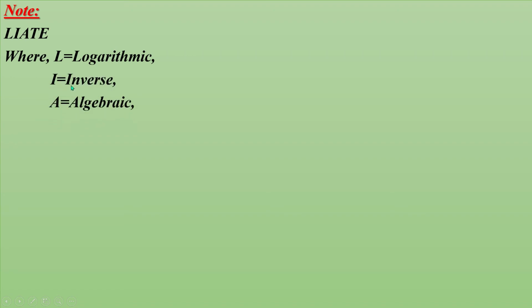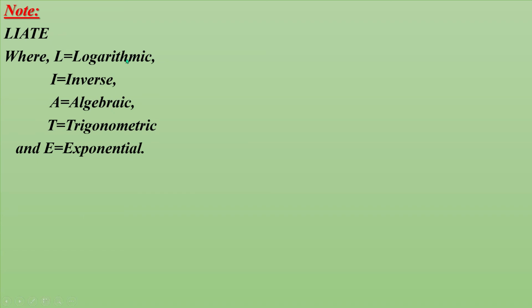Note, for ease of calculation, we have to remember this word: LIATE. Here L is logarithmic, I is inverse, A is algebraic, T is trigonometric, and E is exponential. That means when two functions are given, and one is logarithmic, then we take the logarithmic function as u and the other as v.